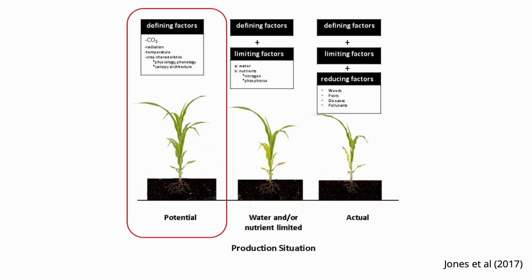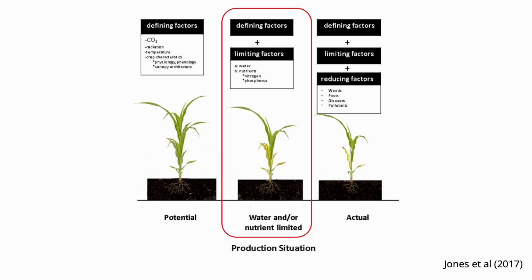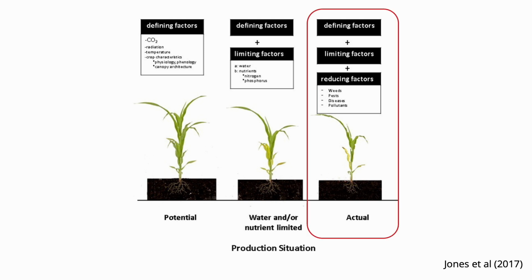In real plants, that production may be limited by water or nutrient supply. So a different model is needed if we want to understand the effect on crops of water limitation. And crops in a real field are also affected by weeds, by pests and diseases, for example. So yet another model is needed to describe those.